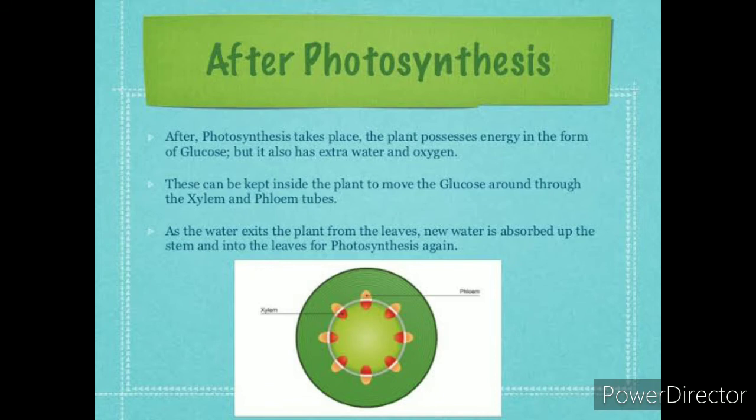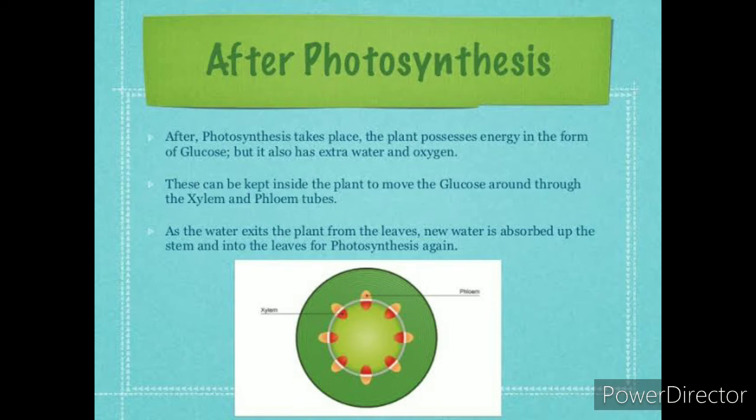And the excess glucose will be converted to starch, and this starch will be stored sometimes in parenchymatous cells of the leaves or in stems, or largely in the fruit or root of the plants. So plants have excess starch stored in them. So this is what happens after photosynthesis.